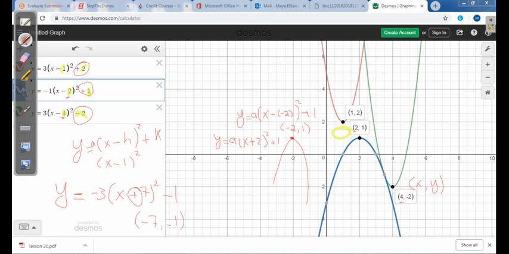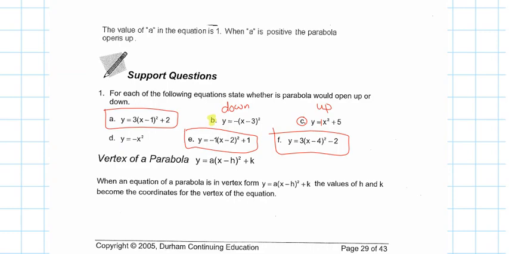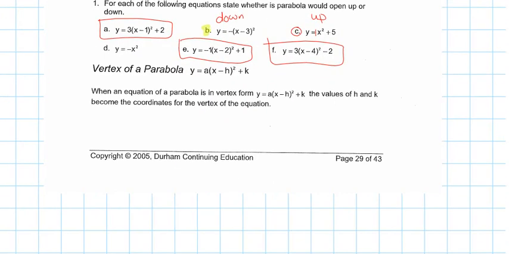So, going back here, that being said, what we just looked at, the h and the k value are the ones that are going to tell you what your vertex is. Okay? So, when an equation of a parabola is in vertex form, so it has to be in this form, the value of h and k become the coordinate of the vertex in the equation. So that's going to be your vertex.